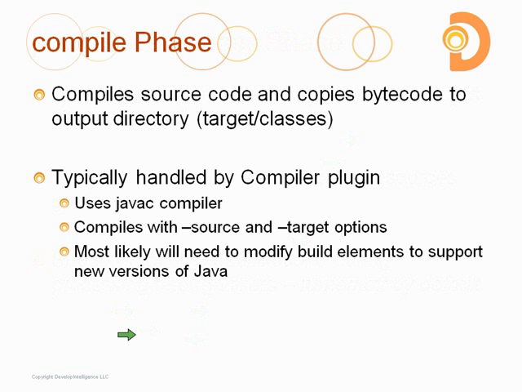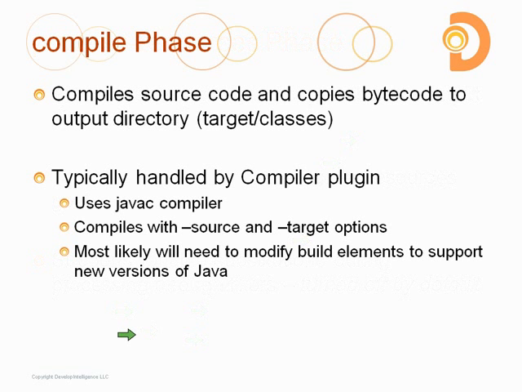Compile phase, we know about this. The reason that we're talking about it again is that the compiler by default is configured to support an older version of Java and an older version of the Java source and an older version of the Java target. So if you're not familiar with those two flags with the compiler, there is a way for me to cross-compile or down-compile my source code to the appropriate target platform.